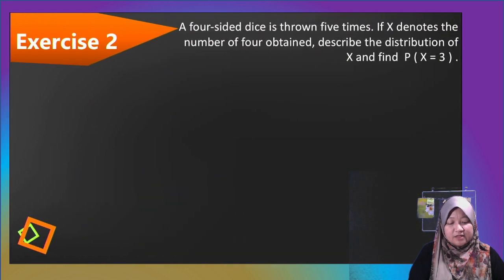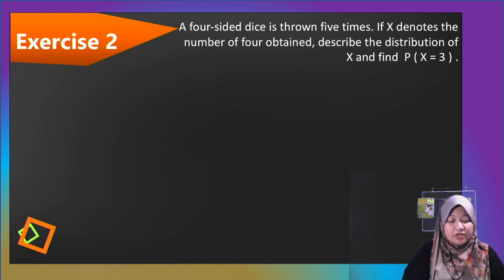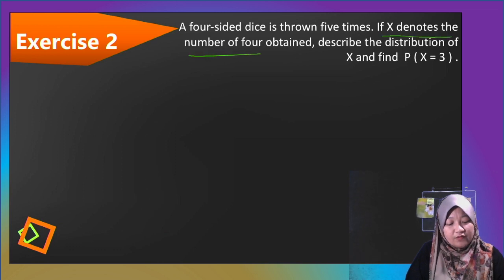Next exercise. A four-sided dice is thrown 5 times. If x denotes the number of 4 obtained, describe the distribution of x and find probability x equal to 3. Okay, first describe the distribution. So, dalam soalan ni dia mention x denote the number of 4 obtained.